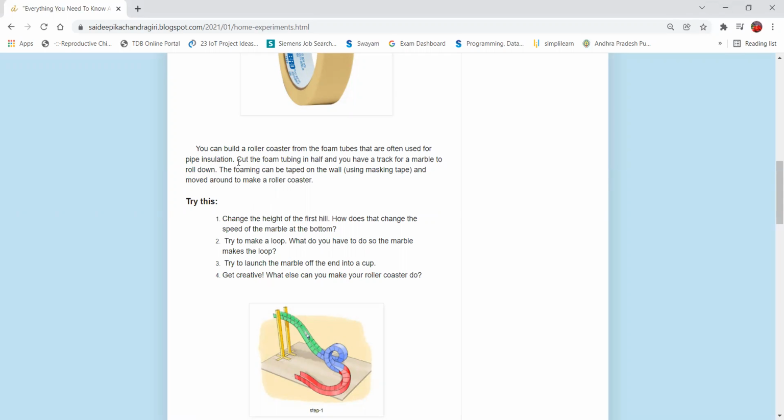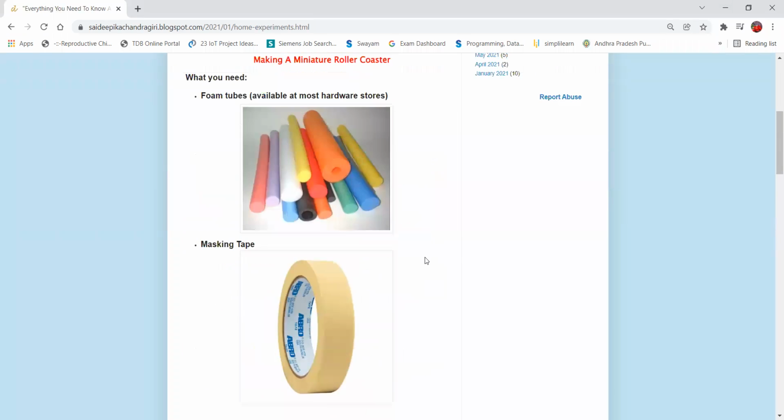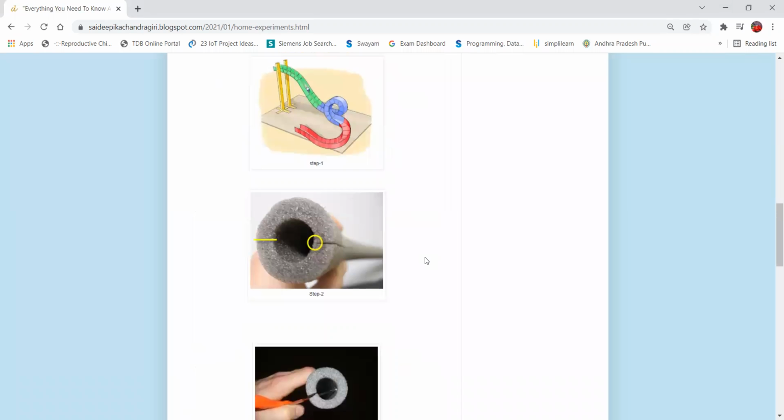Cut the foam tube in half so you can roll a marble down it. For example, we take one foam tube like this and we cut it like this, on one side.